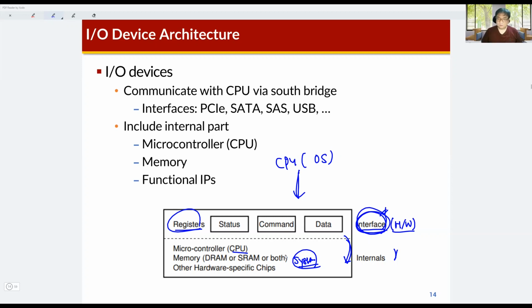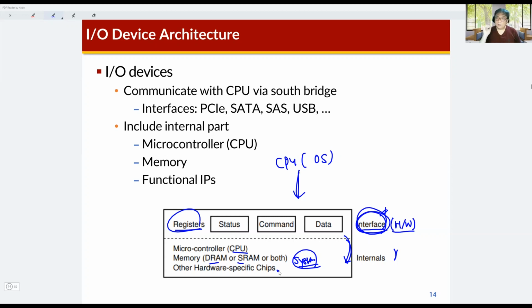In order to run this system software, the IO device may have memory like DRAM or SRAM, or some other hardware-specific chips or devices. So this is a typical structure of IO devices.